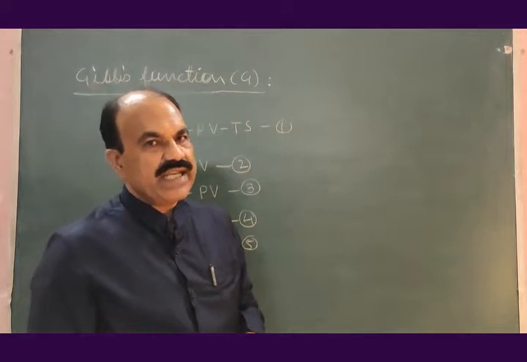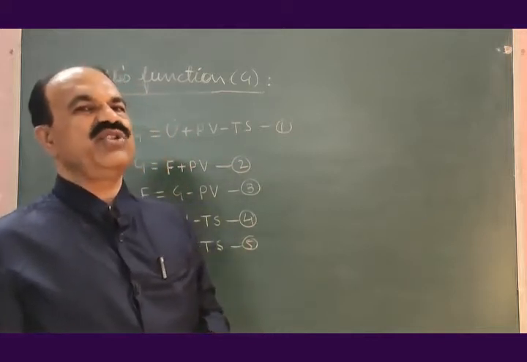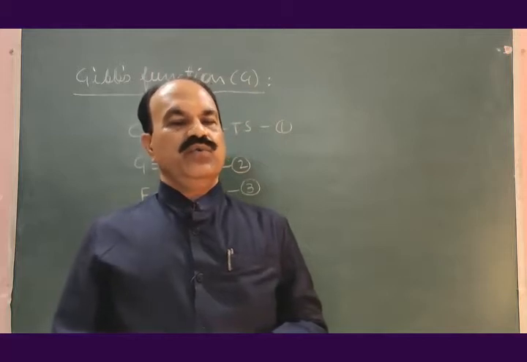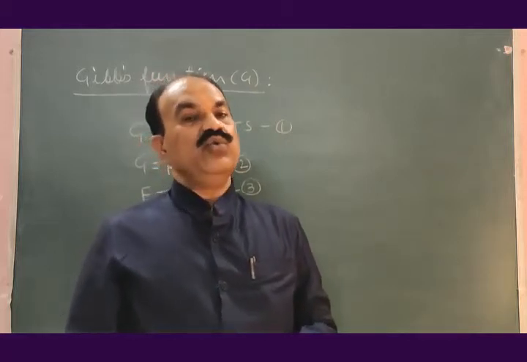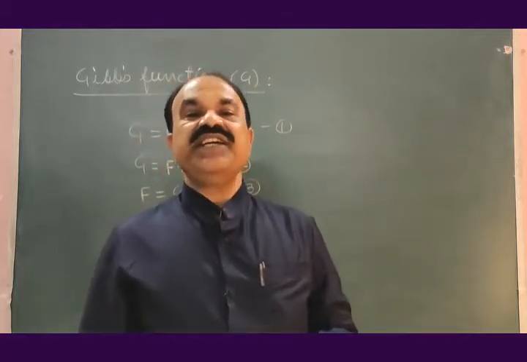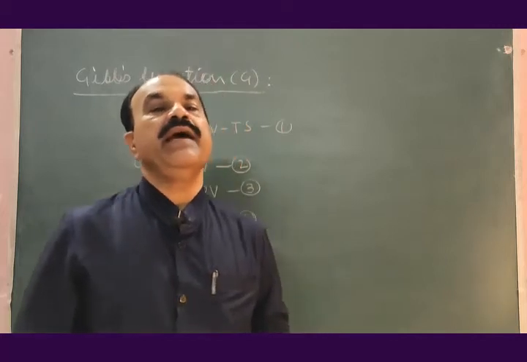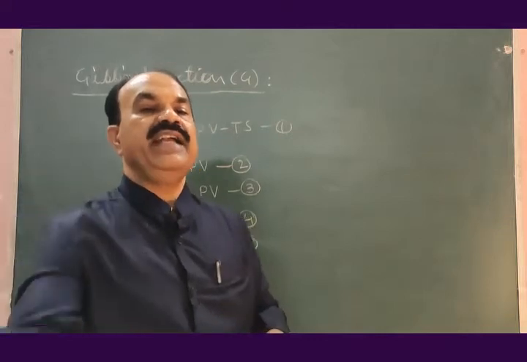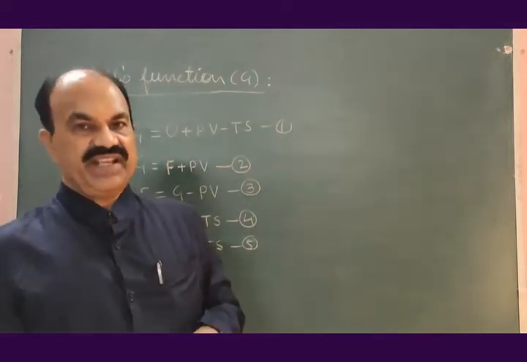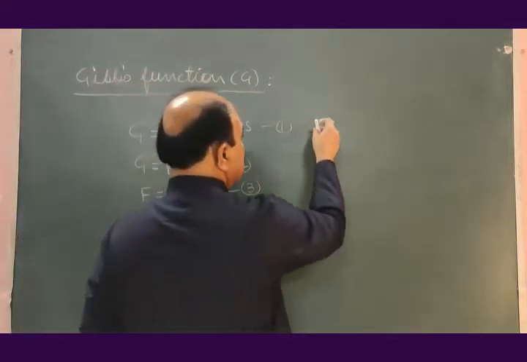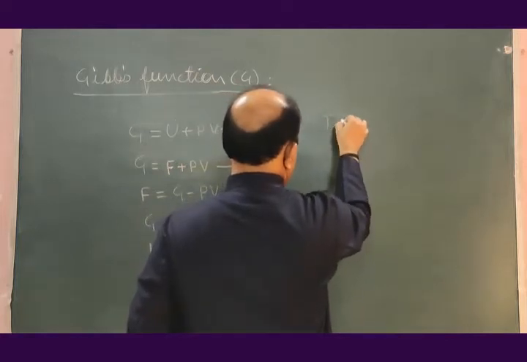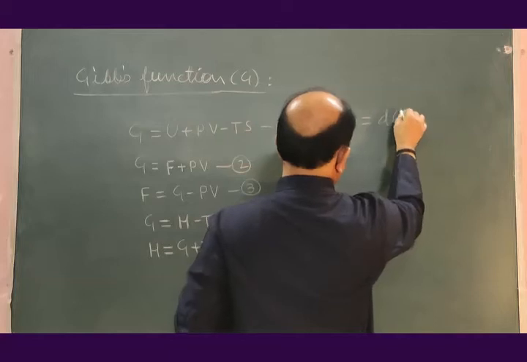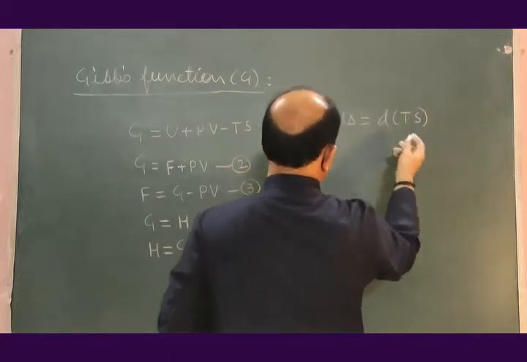To carry out infinitesimal isothermal process, we have to allow the exchange of heat energy between this thermodynamical system and its surroundings, and then we can have TdS is equal to d of Ts.